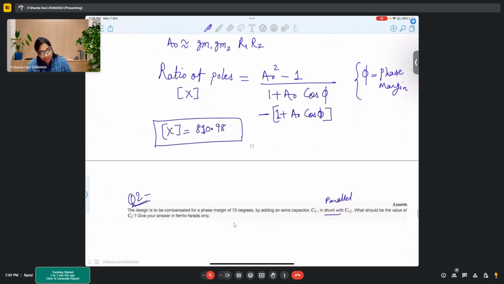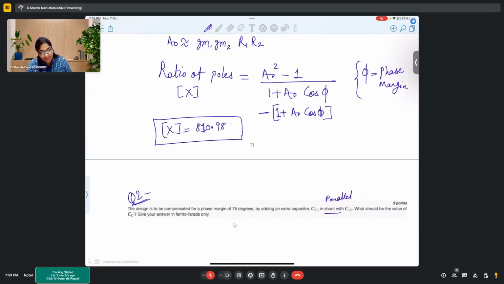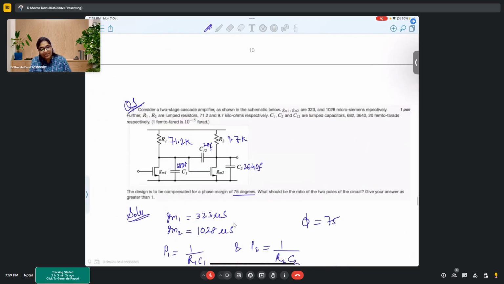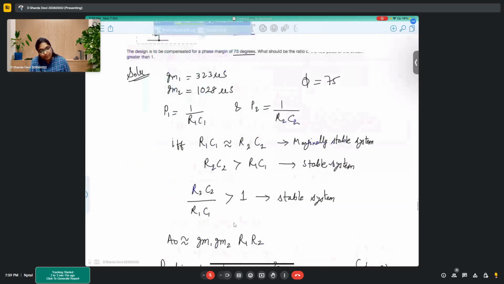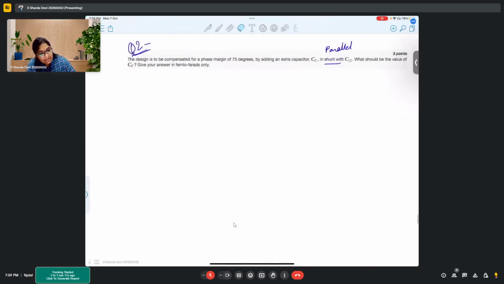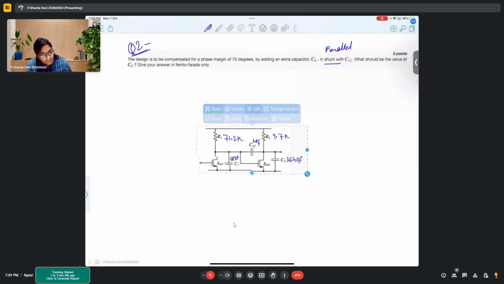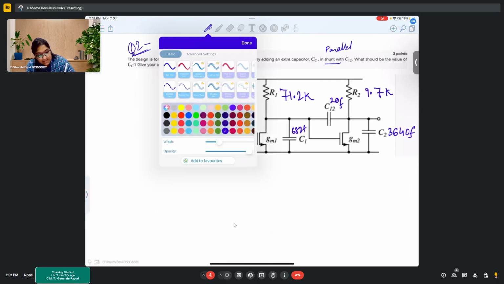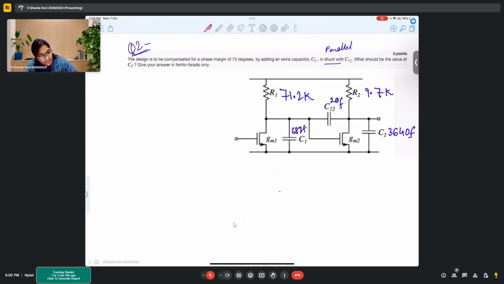So compensation has to be done by adding a capacitor in parallel to this particular capacitor, that is C12.